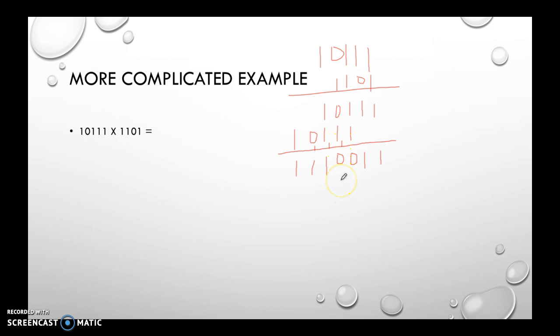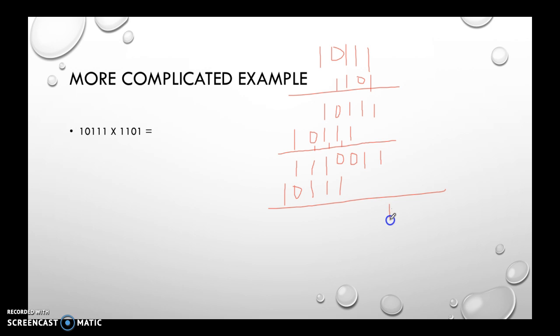1 times 1 is a 1. 1 times 1 is a 1. And 1 times 1 is a 1. 0 times 1 is a 0, and 1 times 1 is a 1. And then we add those two numbers together so that we can get our final result.